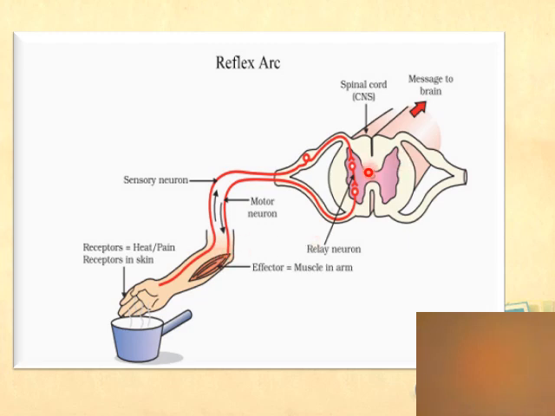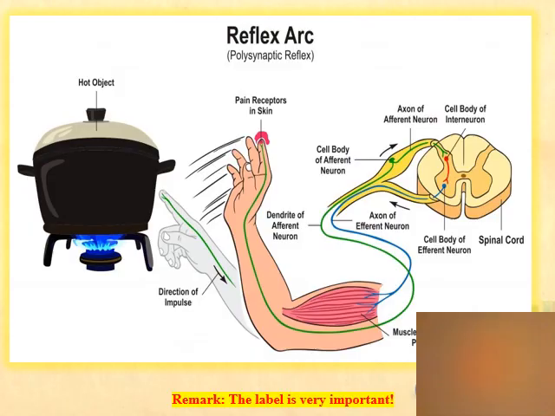The message is not going to go to the brain during a reflex action. The message is controlled by the spinal cord, and the pathway of such a nerve impulse is called a reflex arc. Look here, we have a complete label, and the label is very important. We have a hot object.